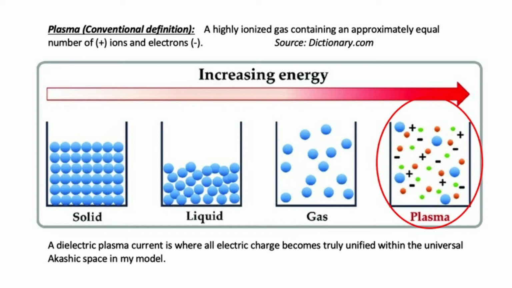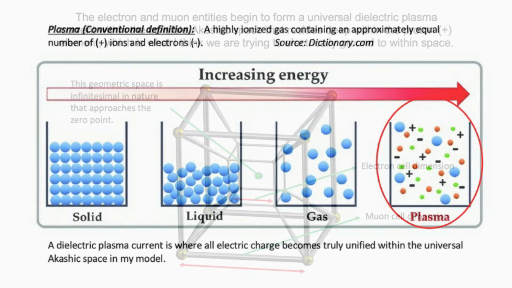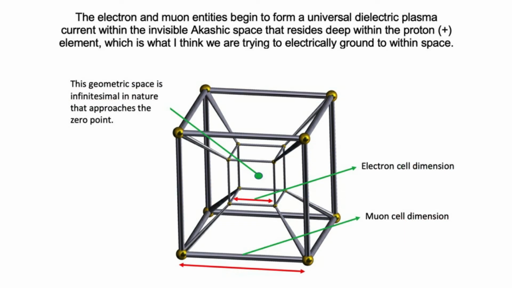But this plasma type of gas in my model is inverted from that, where it becomes a cold plasma type of gas that sits right in this universal dimension of space that I've been proposing. And it becomes a very incredible, delicate type of gas that's associated with our mind, with this very dimension of human perception.